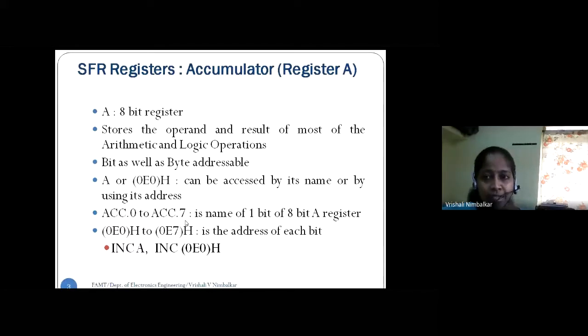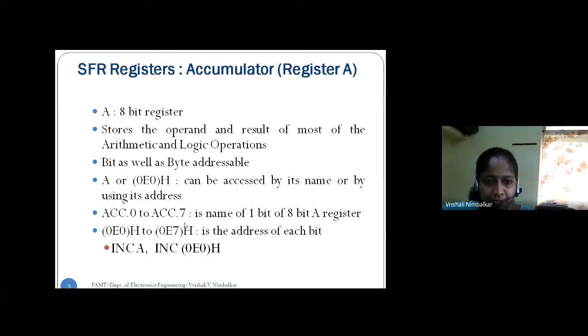So how do we understand in binary number system that the answer is positive or negative? We check the MSB bit. Correct? The last bit we check, 7. So if I check ACC.7, if it is 1, we indicate the answer is negative. If it is 0, the answer is positive. So this is one example where I will require accumulator to access 1 bit of that accumulator.